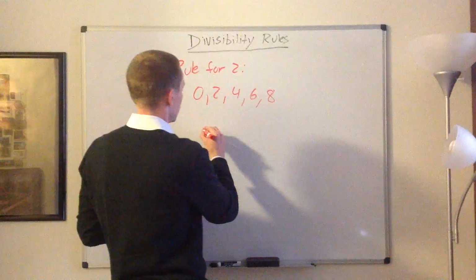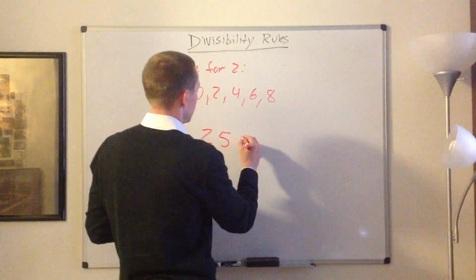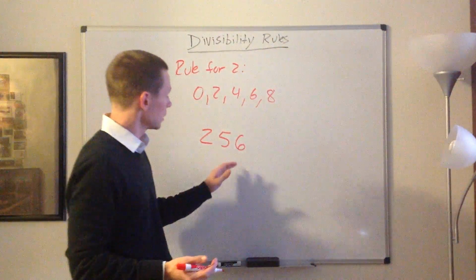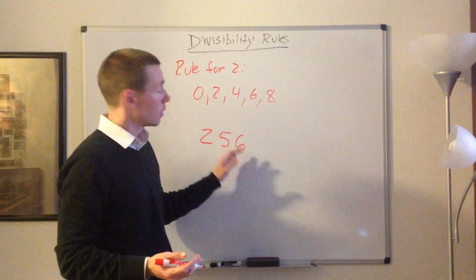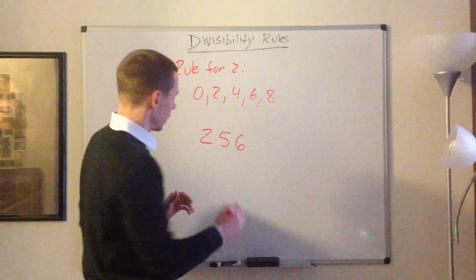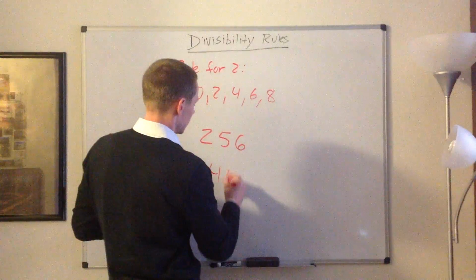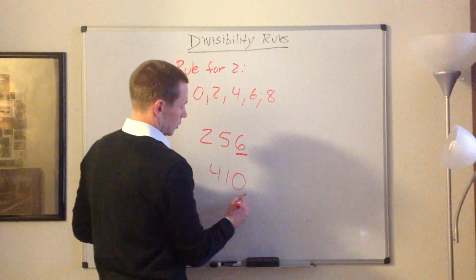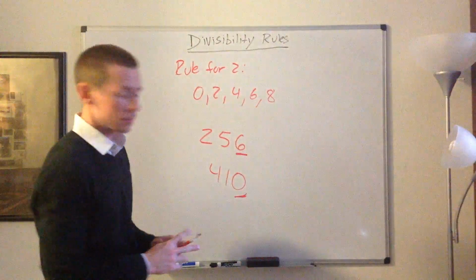So if I look at the number 256, I don't even need the calculator because since this ends in 6, I know 2 goes into it. Or 410 ends in 0, so I know 2 will go into it.